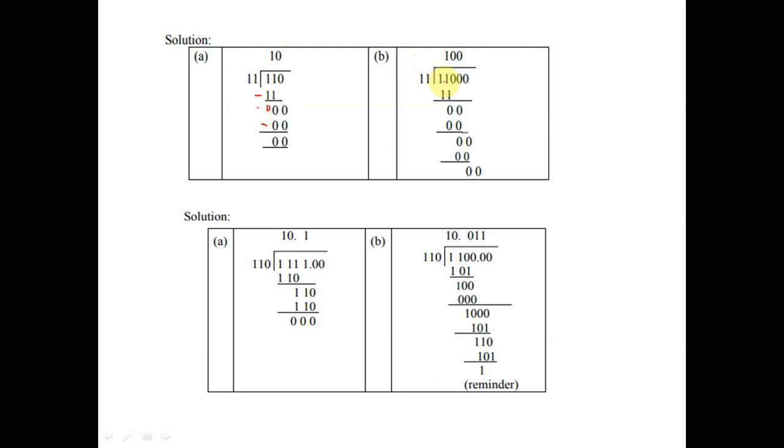Now this is the second example. Here 1111000. First is the 11. Here the division of binary numbers is similar to the division of your decimal number system. These are the examples of the division.